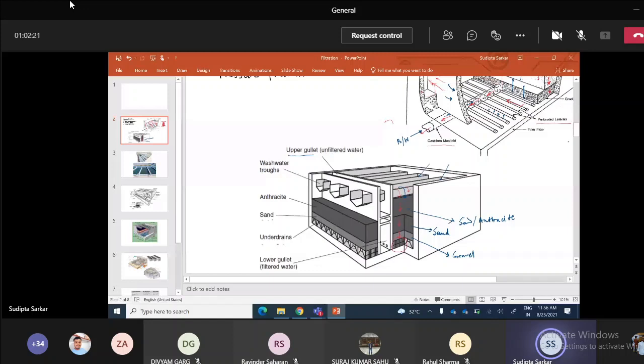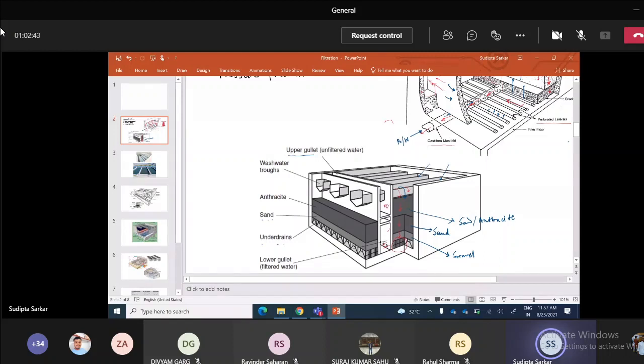So this is the two-story channel. You can see that the upper story takes in the dirty water, so the dirty water comes in from here, and the lower story collects the treated water, and it can come out from here.